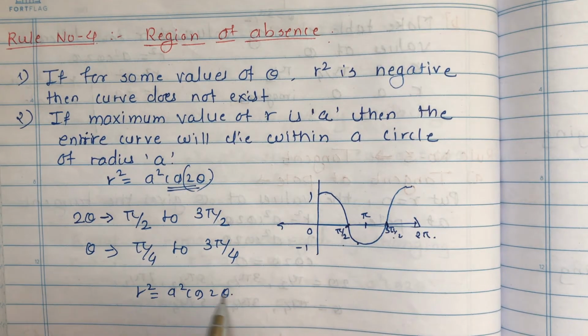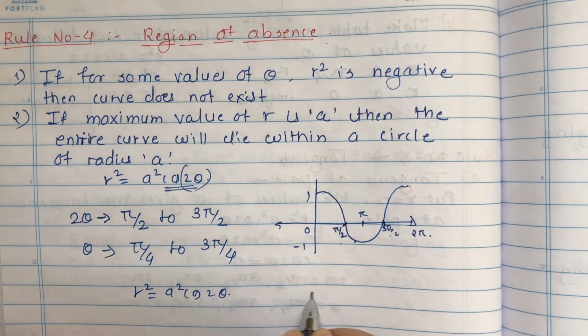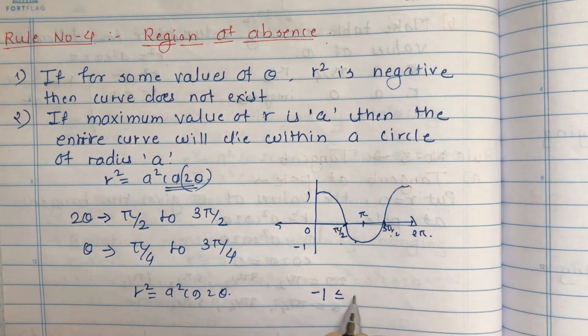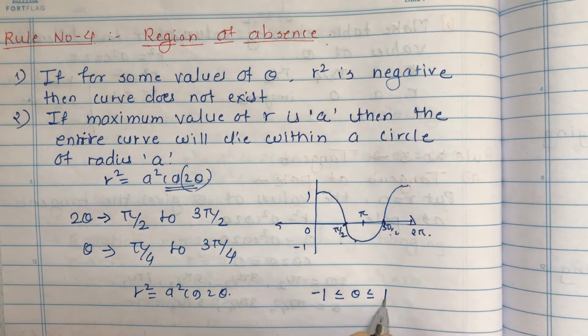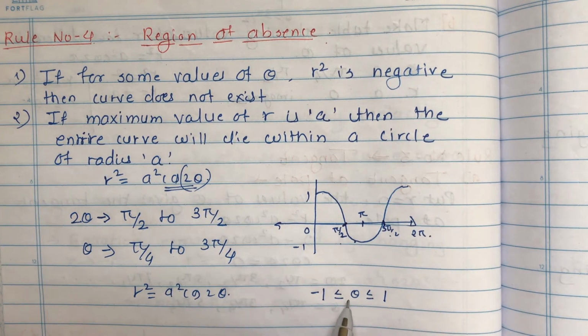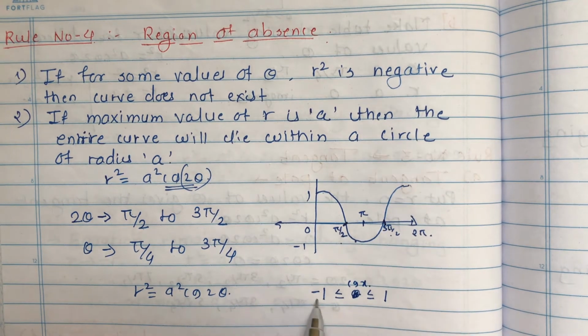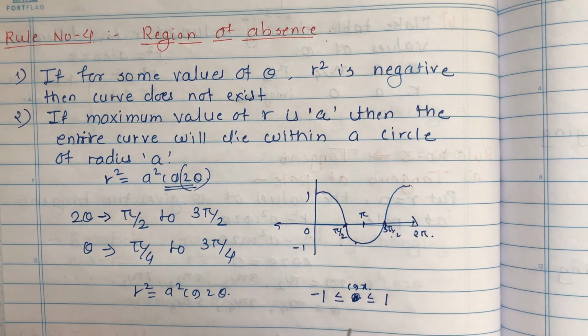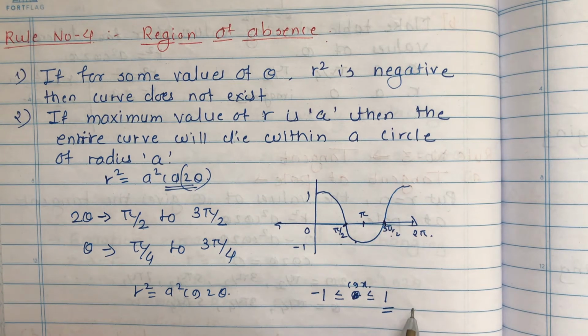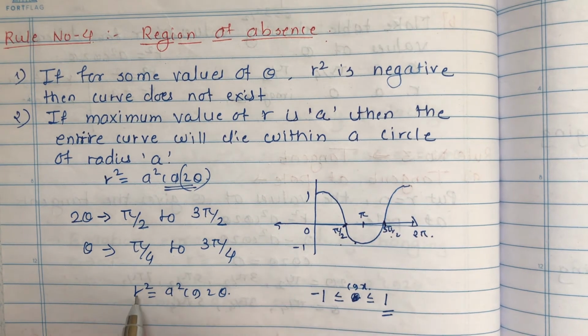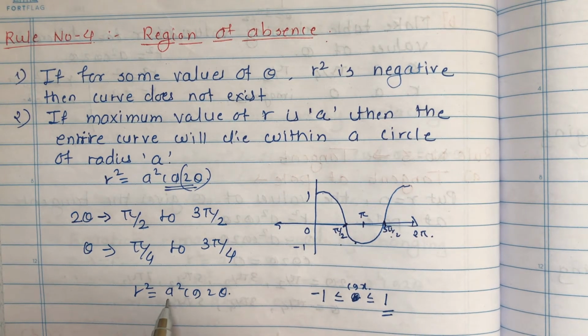Yes, when we know the range of the cos function. It is from -1 to 1, right? So the maximum value is 1, right? So r square is equal to a square.